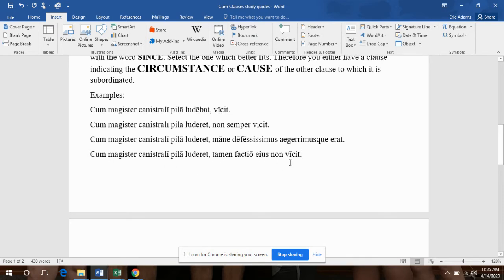Nevertheless, his team did not win, although I will concede he was playing basketball. So that is then the cum clause, adversative or concessive. I know because I have a cum, I have a subjunctive, and tamen in the clause to which this clause is, of course, subordinated.